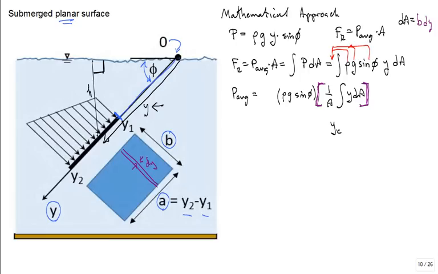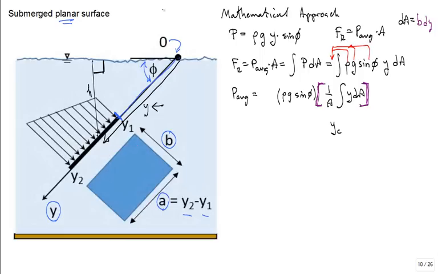Do you know this works no matter what the area looks like? I just got to get the centroid of that area. It doesn't matter what the area looks like, I got to get the centroid. It's got to be a planar area, not a curved surface, but a planar one. That's all.